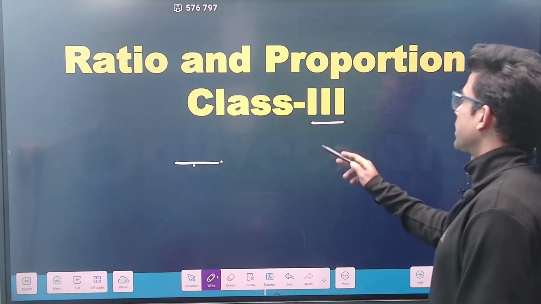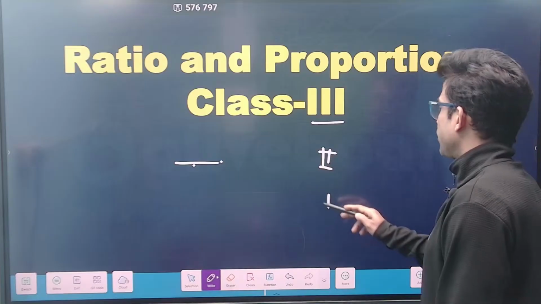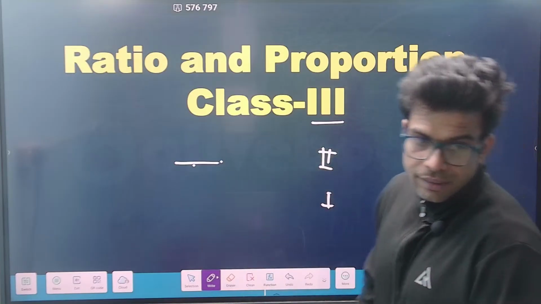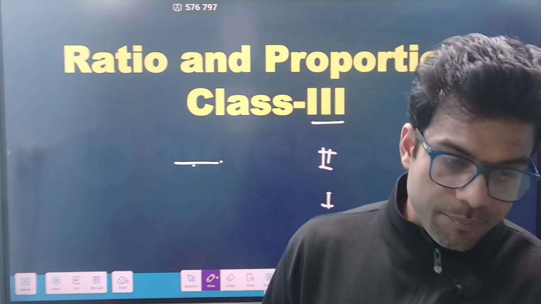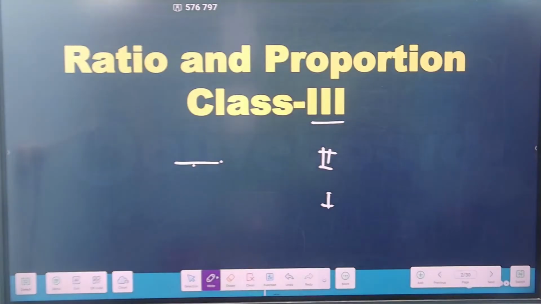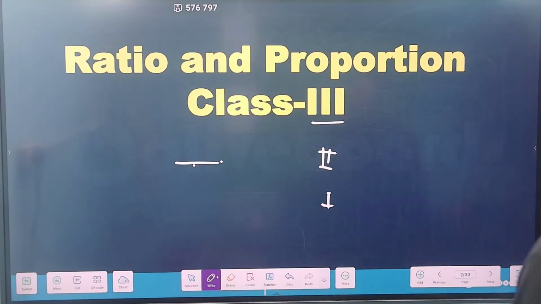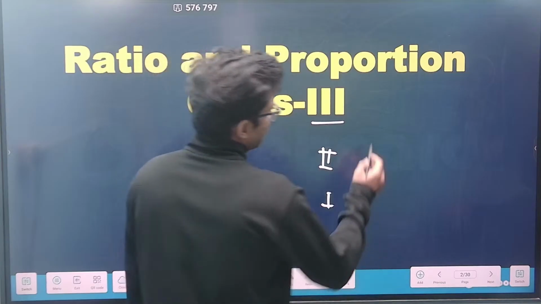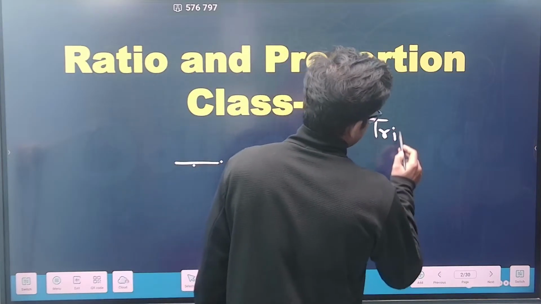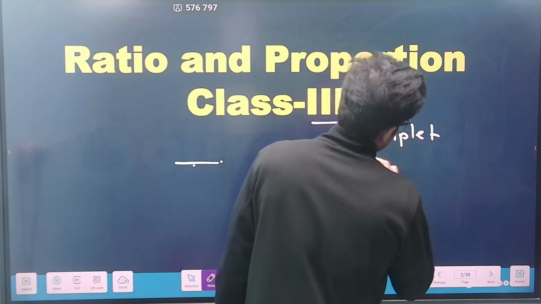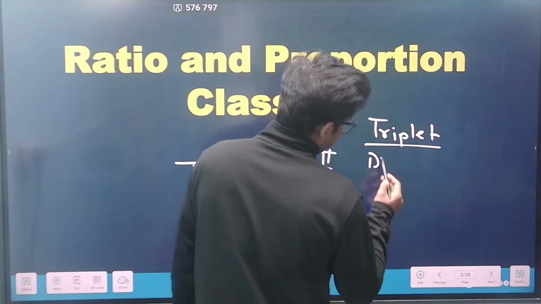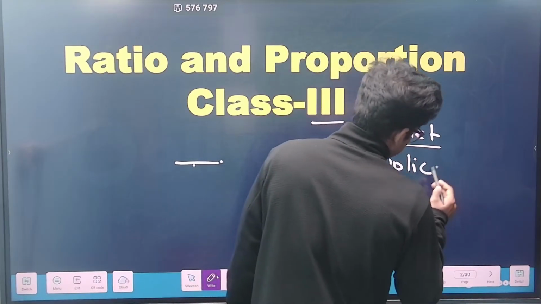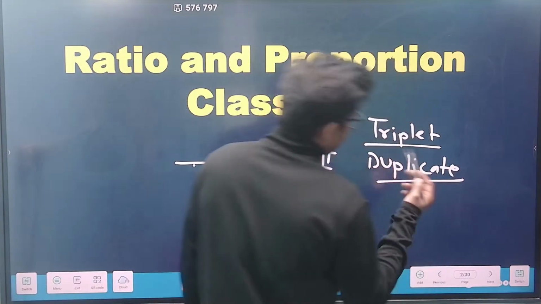We have also done ratio 1, in which I guided you on the basic part of ratio: what ratio is, what componendo and dividendo are, what triplet is, what duplicate ratio is. So we did a lot of things.